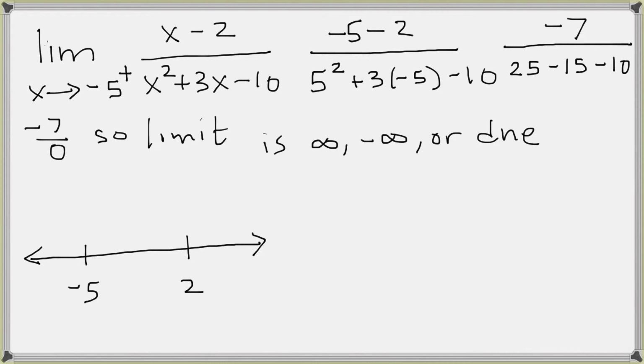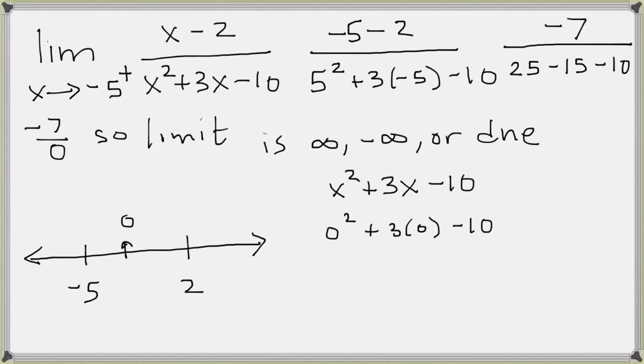In this particular part, we're concerned about the limit as x goes to negative 5 from the right. So we're going to pick a test point in between negative 5 and 2. I'm going to pick 0, and we are going to take the bottom part, put that 0 in for x and solve that out, and we would get a negative 10 there.